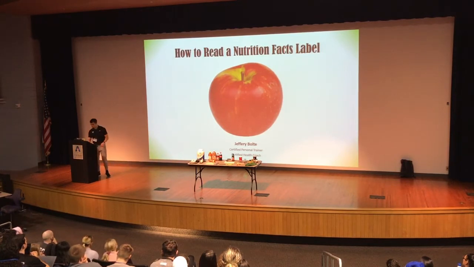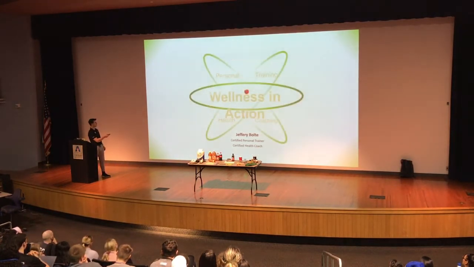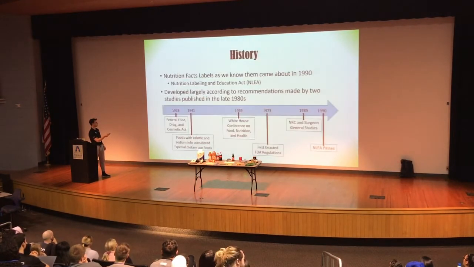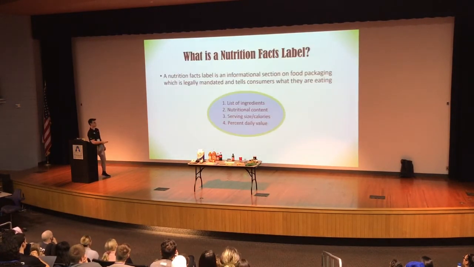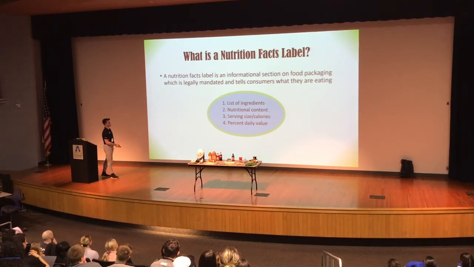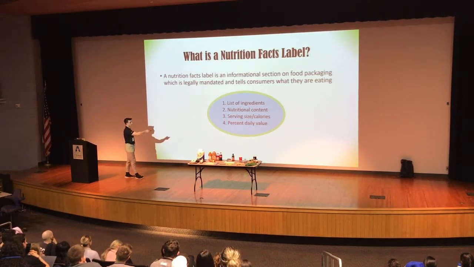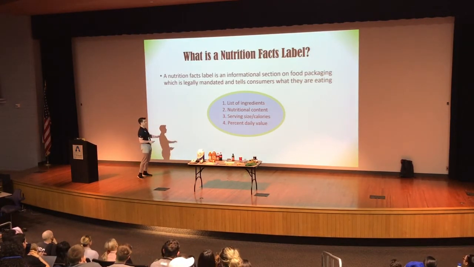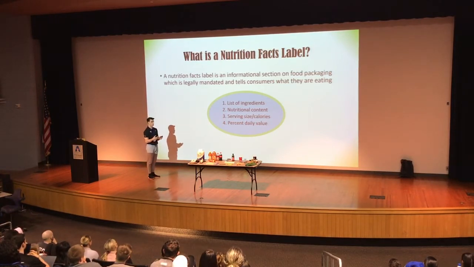So, here's the clicker. This is basically what's on a nutrition label: list of ingredients, nutritional content, serving size and calories, and percent daily value. This requires a lot of math, so we're not going to go into that so much. I've never once been like, oh, this is 60% of my percent daily value, so I'm not going to eat it.